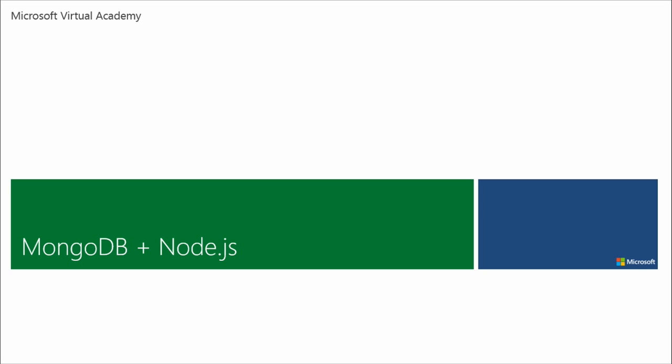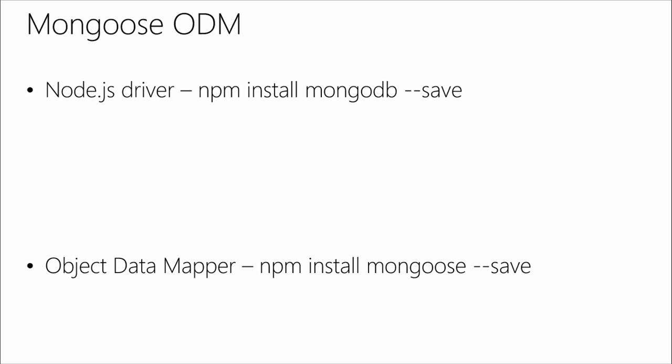Okay. So we talked about MongoDB and document-oriented databases. Now how do we use MongoDB from Node.js? We need to do that if we're going to implement those route handlers. So the first thing is, you can either decide to use the ODM, which is Object Data Mapper, or we can just use the MongoDB driver by itself. The Object Data Mapper is pretty nice because it wraps up MongoDB and it actually enforces schemas.